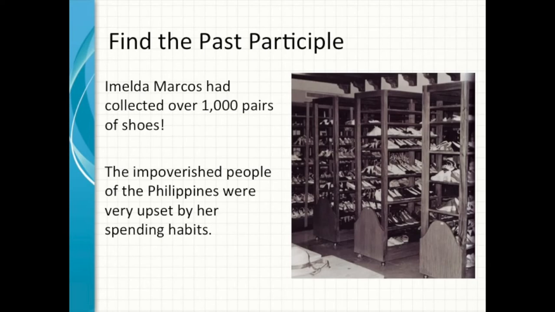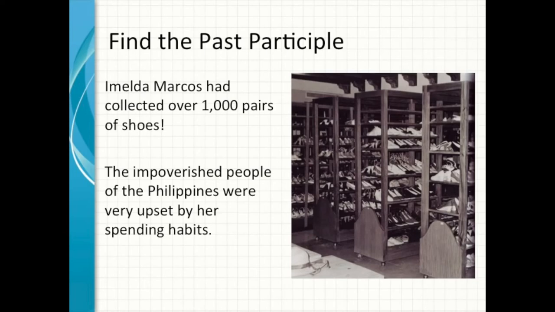What's the past participle? Did you find the word collected? In this case, it ends with an ed, so it's a little easier to find. Pair it with the helping verb had, and you have the verb phrase had collected, which is the past perfect tense. Collected is the past participle.